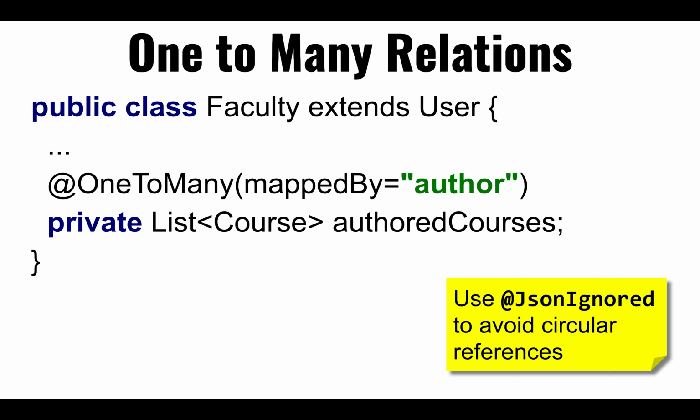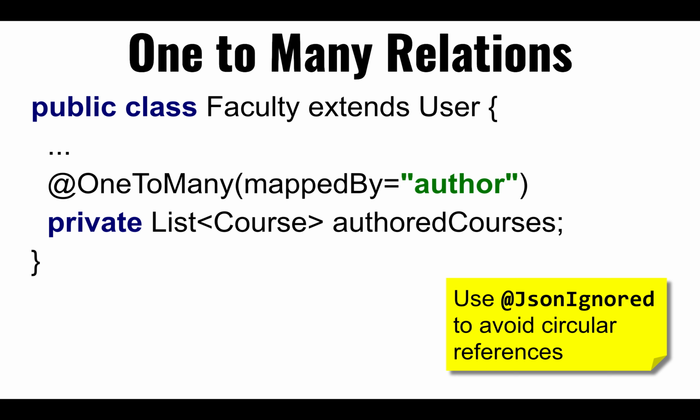The way we need to tell the database is that there are actually two ways that the database could do this. A faculty has many courses, one to many.